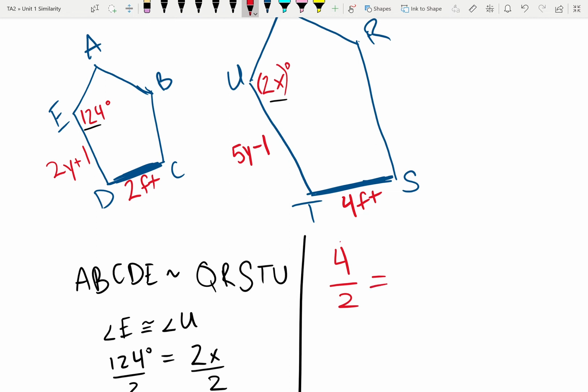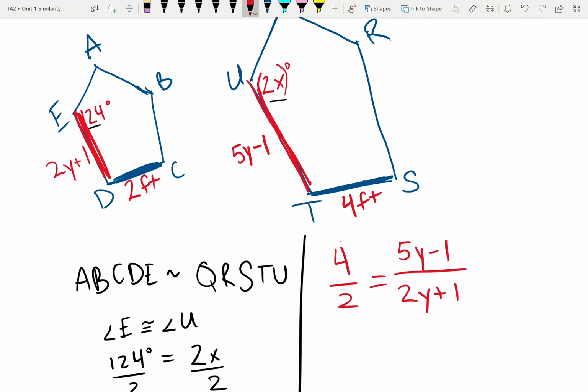What other information do we know? This side right here corresponds to this side, ED. Let's match those up. If I did 4 on top on the left side of the equation, I'm going to do 5y minus 1 on top, and then we correspond that with 2y plus 1.